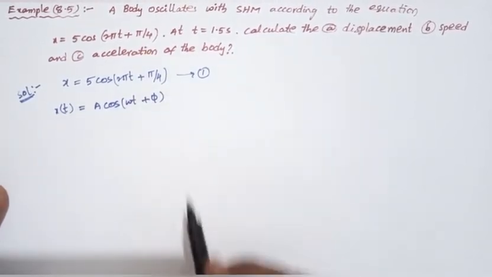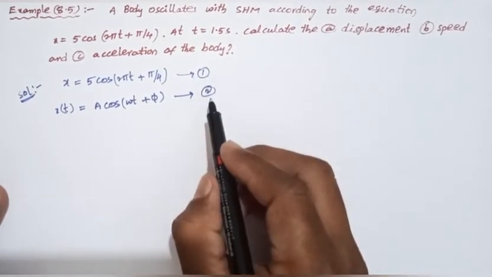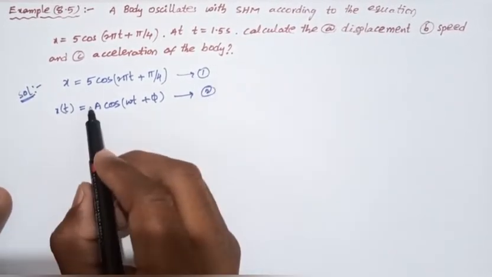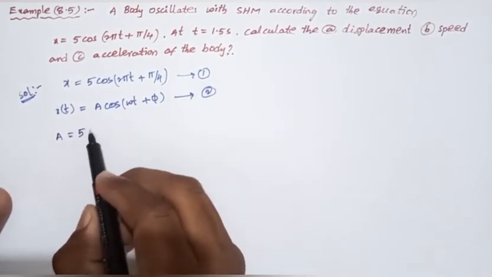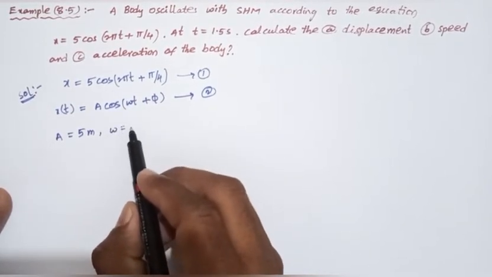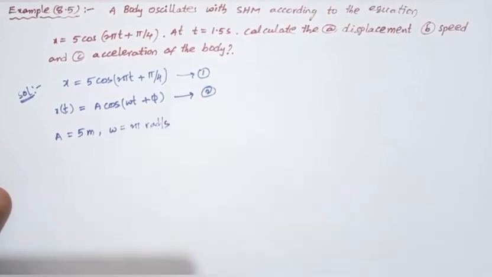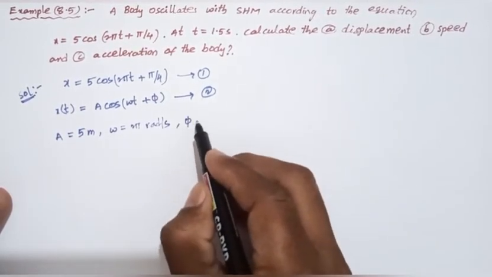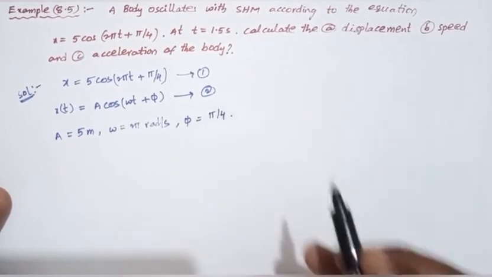This is equation number 2. From equation number 1 and equation number 2, what is the amplitude? Amplitude a equals 5 meters, omega equals 2 pi radian per second, and phi equals pi by 4.